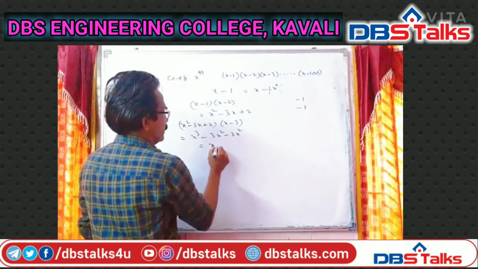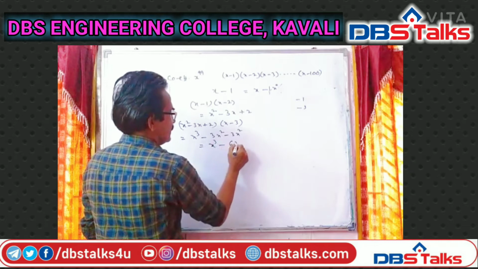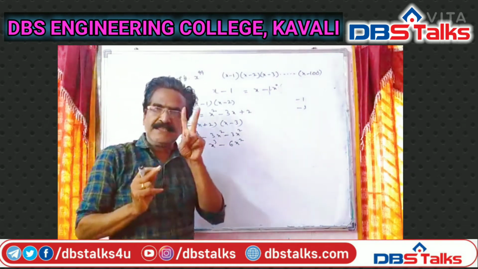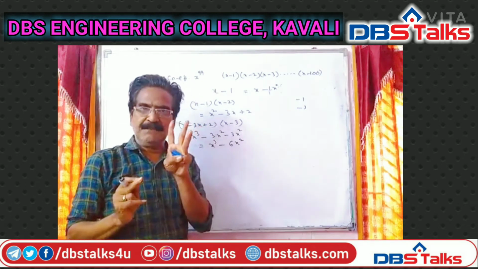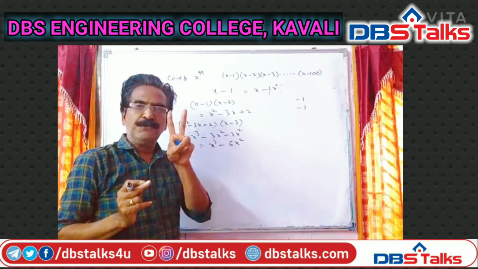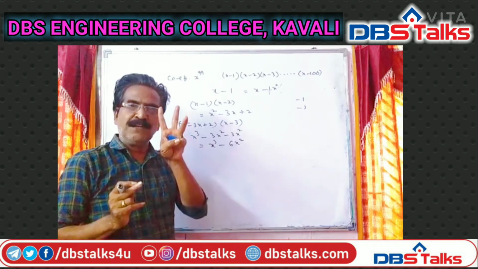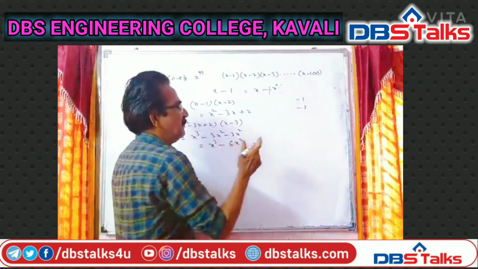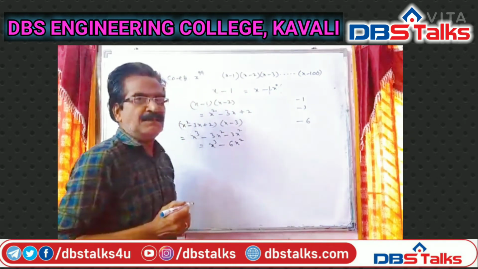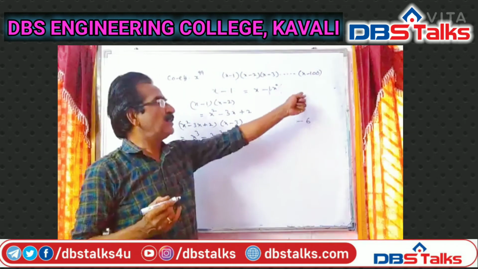This is equal to x cube minus 6x square. If you take three terms, the coefficient of x power 2 is minus 6. See how the coefficients are.